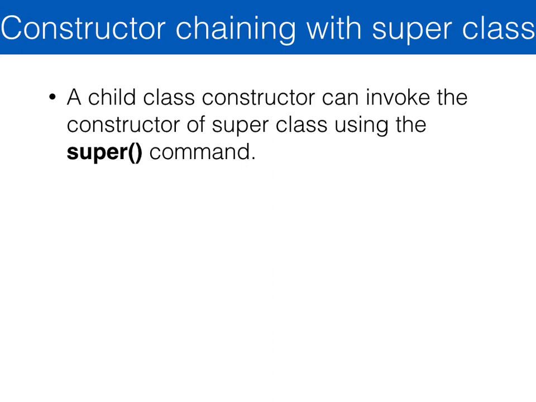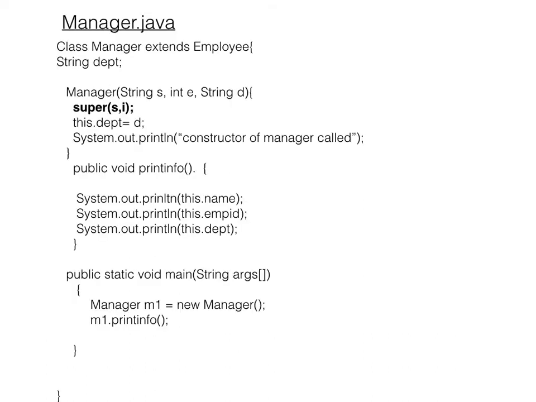Constructor chaining is also possible with superclass. A child class constructor can invoke the constructor of superclass using the super command. Let's see another code example. We have another class, Manager, which is extended from Employee class.